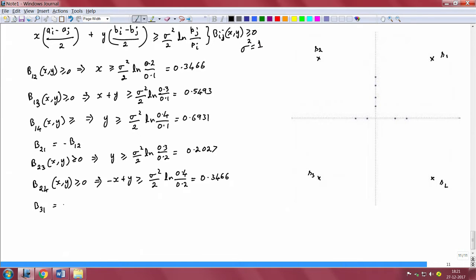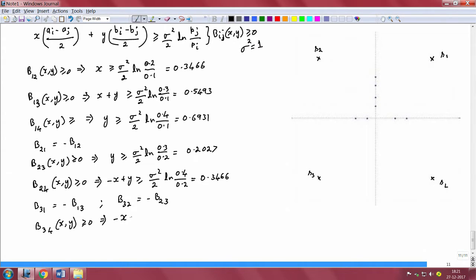For 3 1 we know it is negative of b13, and between 3 and 2 it is negative of b23, and b34. Between 3 and 4 it is only the x coordinate that is different.